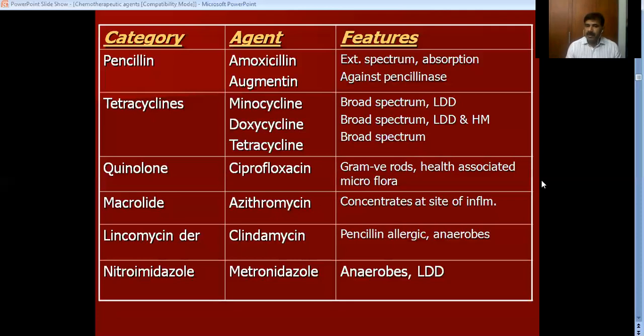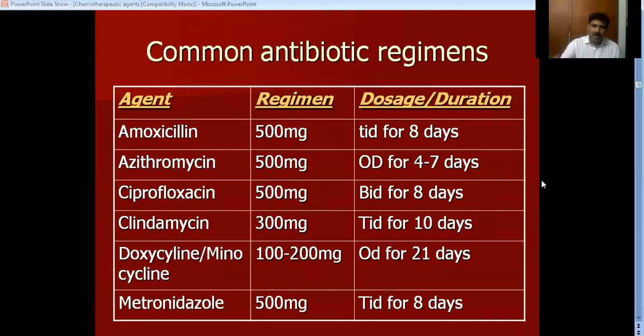Then there are the different forms of tetracyclines: minocycline, doxycycline, and oxytetracycline; quinolones, macrolide derivatives, lincomycin derivatives, and nitroimidazole. You all know that these periodontal pathogens are mainly anaerobes, so metronidazole is a common drug that we usually give in the management of periodontal disease. You actually have to know the dosage of the drug and the duration for which each drug is given. Again, I'm not going to detail all these because this has been covered for you.